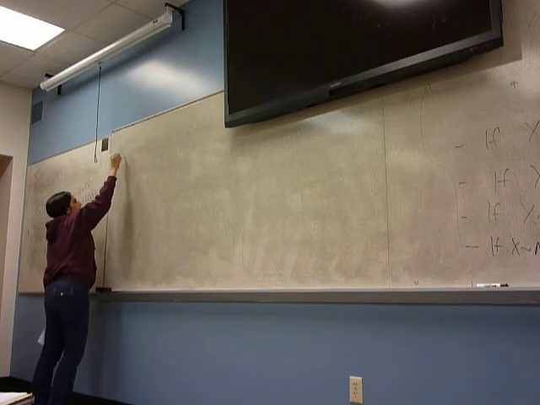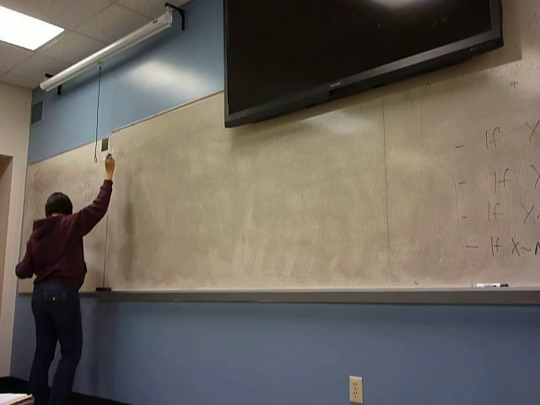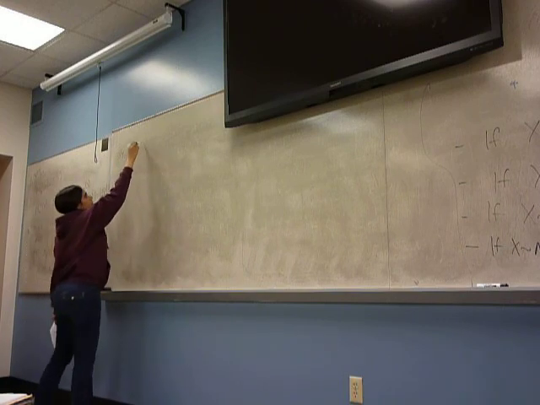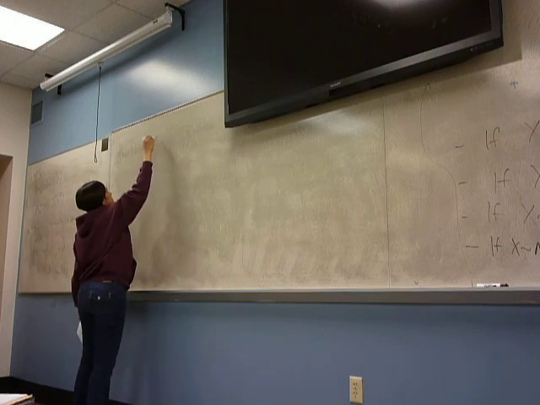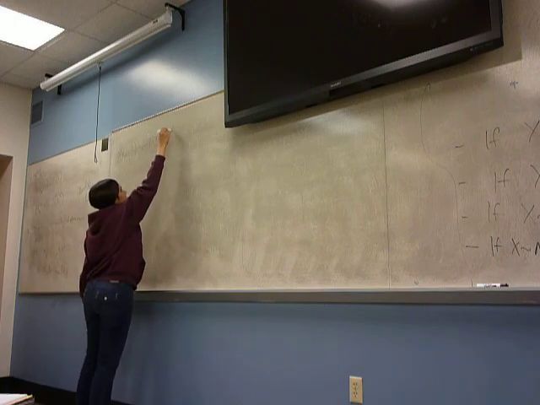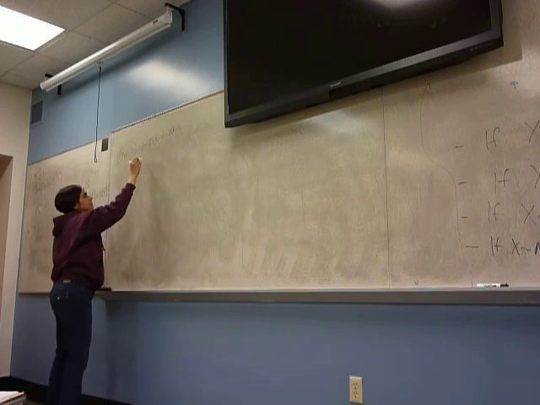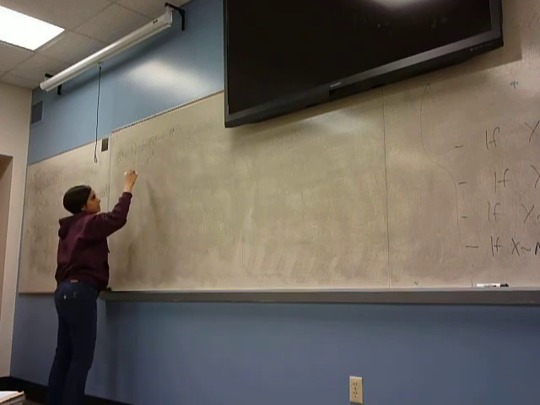And I've asked you to find the probability that X is greater than or equal to 2. So this is going to be 1 minus the probability that X equals 0.